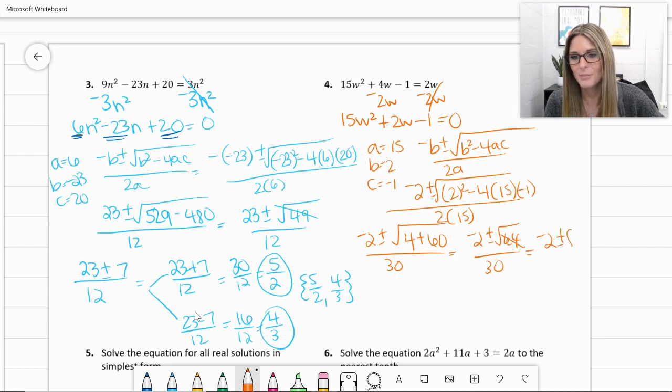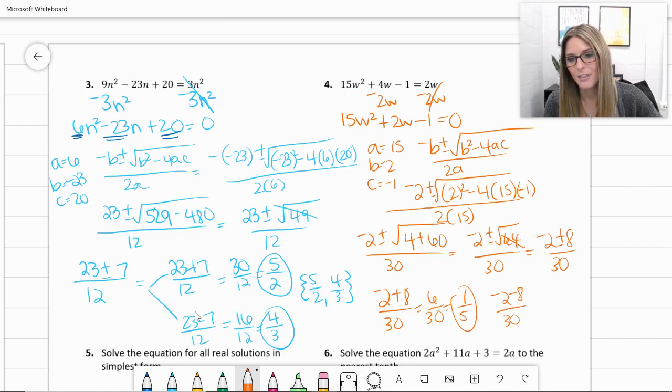So negative 2 plus or minus 8 divided by 30. We've got two expressions here. Negative 2 plus 8 divided by 30 is going to give us 6 over 30, or 1/5, is one answer. Our other expression, negative 2 minus 8 divided by 30, gives me negative 10 over 30, or negative 1/3. Second answer. And you could write it in set notation with our answers 1/5 and negative 1/3.